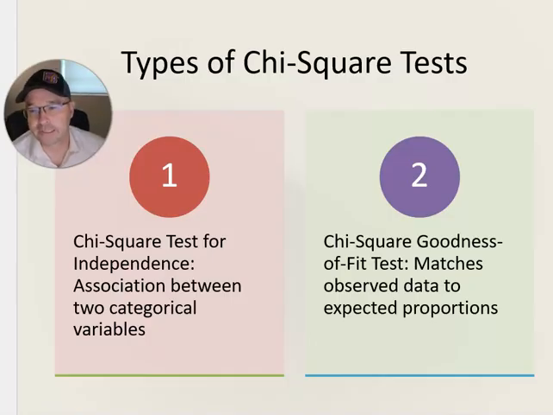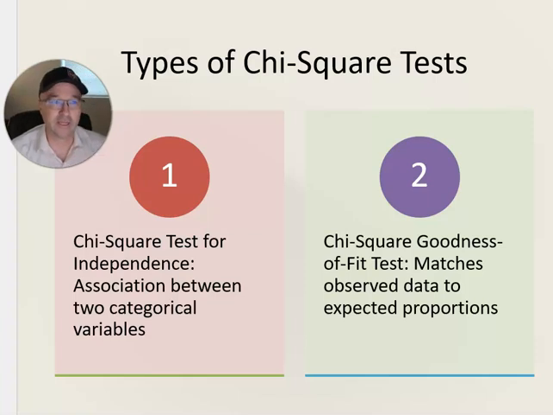So there are two different types of chi-square tests. The first is a test to look at whether or not data is independent. We've previously talked about independence, right? Are the two populations somehow related or dependent on each other? For example, whether the smoking status of a patient is tied to the presence of a chronic disease.